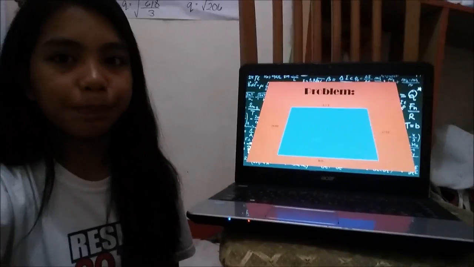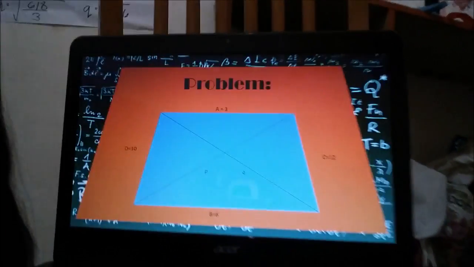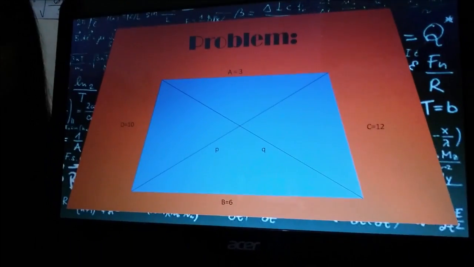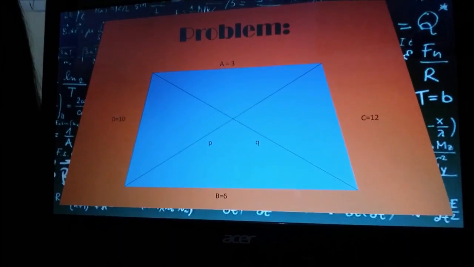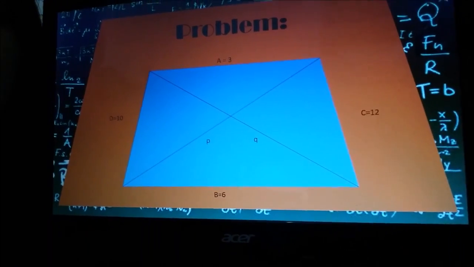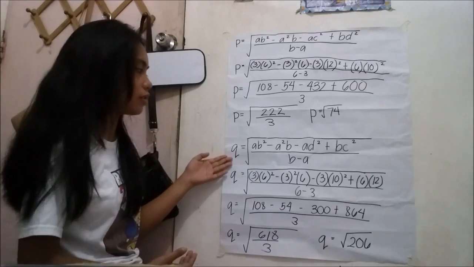This is the problem. You are asked to find the diagonals P and Q. Same thing goes with this.